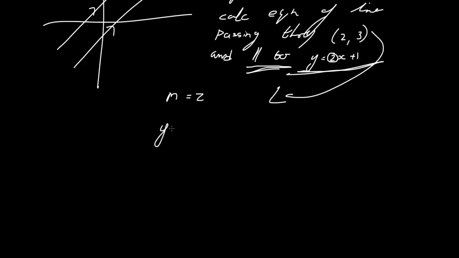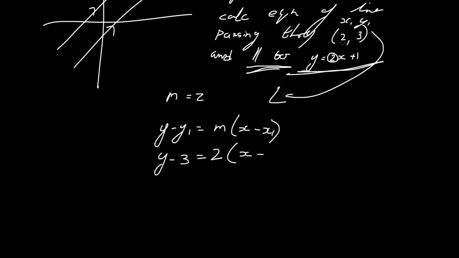So y minus y1 equals m into x minus x1. We know the gradient, and here we've got our point, so that is x1, y1. So y minus 3, because that's y1, is equal to m, which is 2, into x minus x1, which is 2.